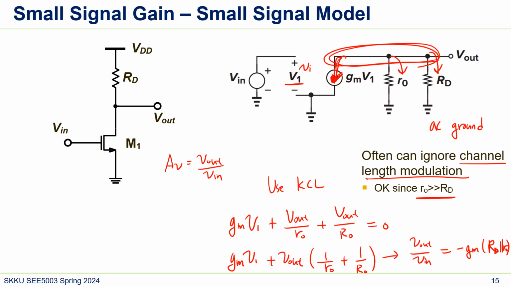So let me write it down here again. Av is minus gm RD parallel ro. You may wonder how we can get this.